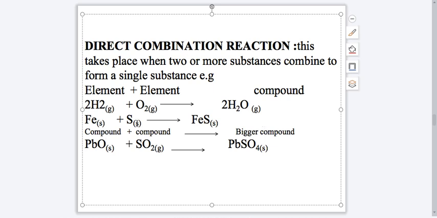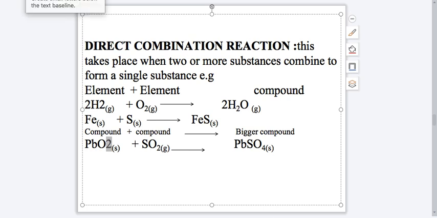The second example is a smaller compound combined with another smaller compound to give us a bigger compound.